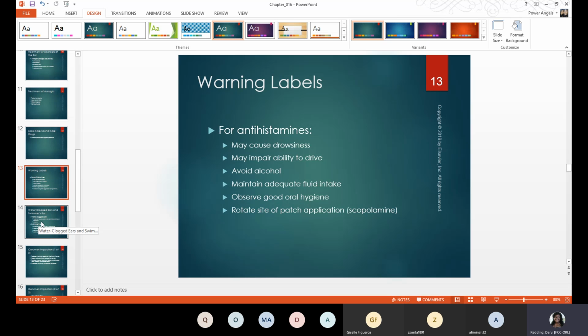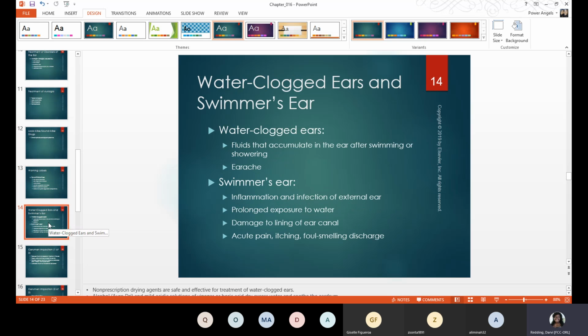So now that we've talked about some of the warning labels and some of the sound-alike, look-alike drugs when it comes to medications for the ears, we're going to continue learning about some of the other ear disorders. So one, or should I say two, of the disorders that may happen may be water-clogged ears or swimmer's ear.